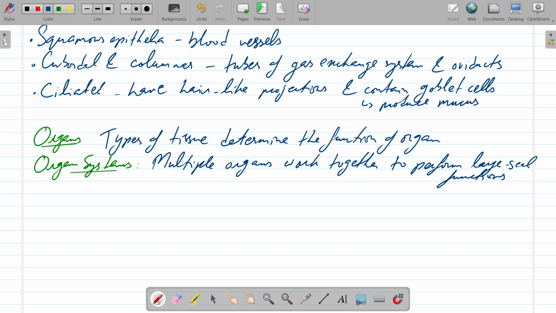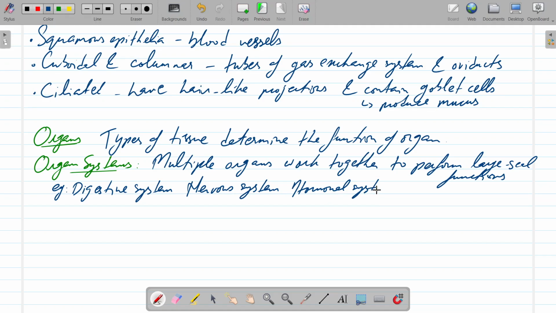So obviously this could include the digestive system, or the nervous system, or the hormonal system, or the circulatory system. Any of these, and obviously one organ can possibly be part of multiple systems.